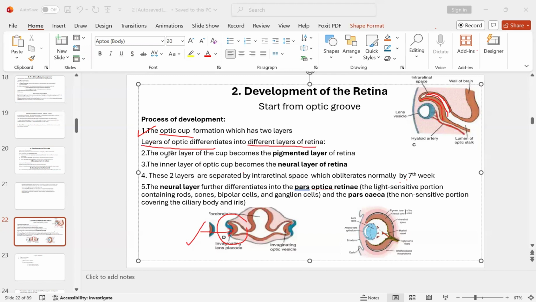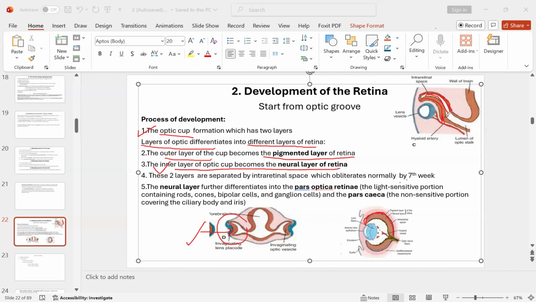So the first step is the formation of the optic cup and the second step is the differentiation of the layers of the optic cup into different layers of retina. The outer layer of the optic cup differentiates into the pigmented layer of the retina. You can see in this diagram that this is the outer layer of the optic cup, and this outer layer has now become the pigmented layer. The inner layer of the optic cup differentiates into the neural layer of retina.